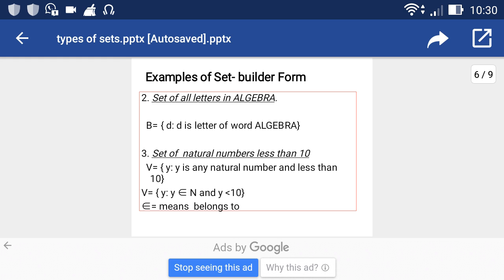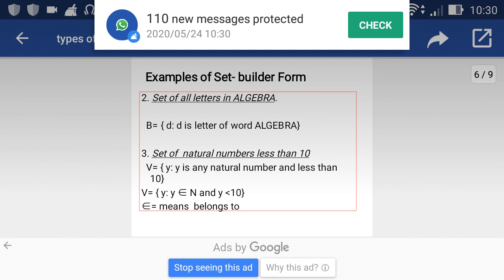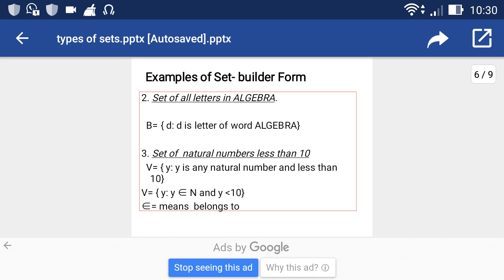It can also be represented as V is equal to, in curly braces, y such that y belongs to N. The epsilon symbol means belongs to. Capital N is the mathematical representation of natural numbers, and y should be less than 10.